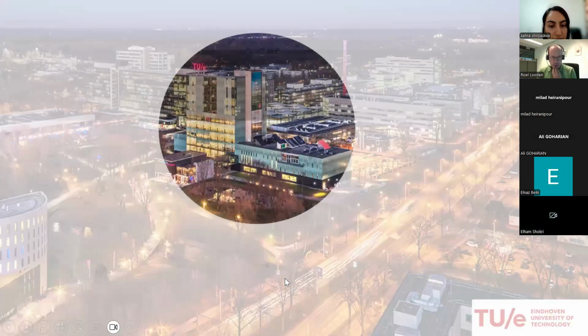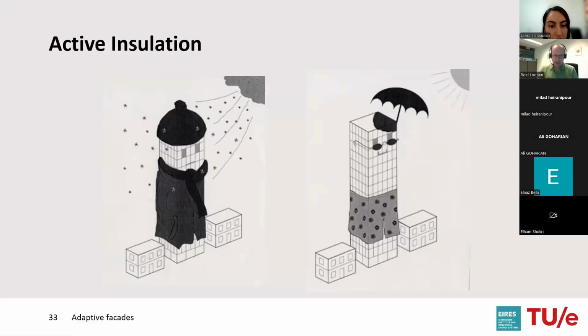The other example, the last example of today that I want to show, is at the room level, and this is really related to the idea of changing the behavior of the envelope between summer and winter, particularly looking at thermal insulation.